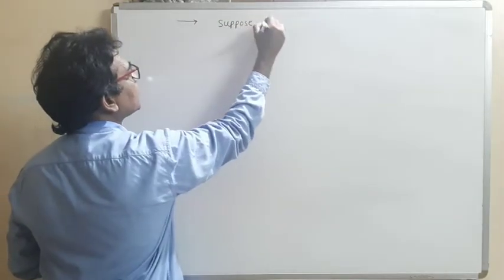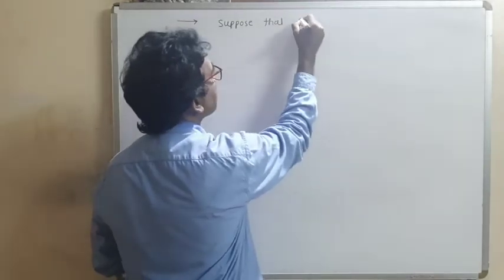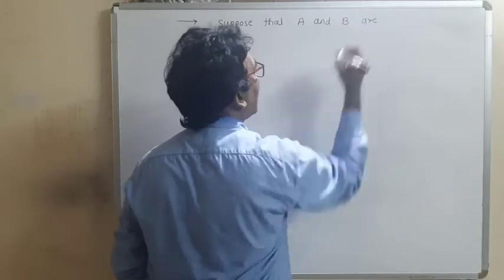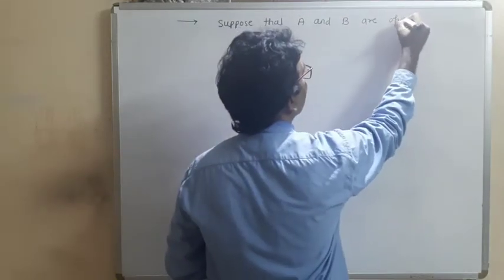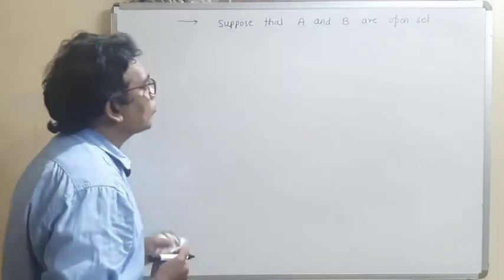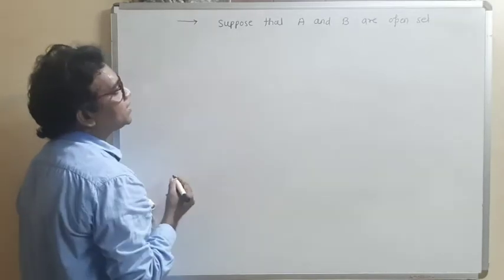Suppose that, now what is given, A and B are open sets, and we want to show that its cross product is an open set.